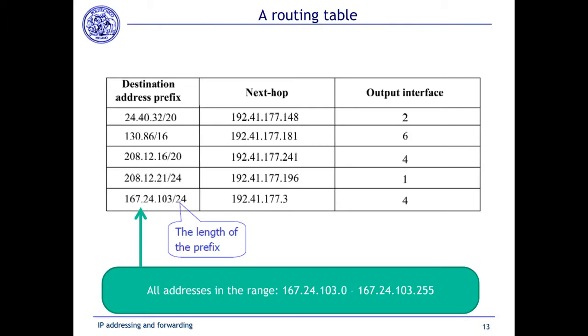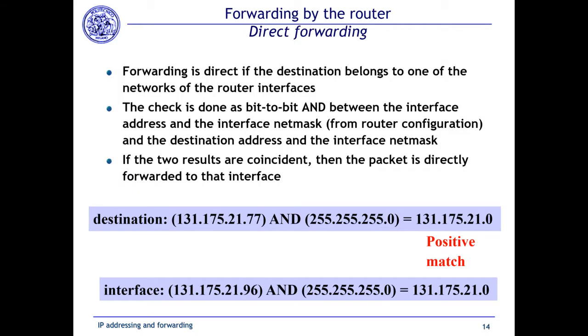Actually, in a router, before searching the routing table, there is another operation that must be carried out in advance with a higher priority. And the first operation is matching the IP address of the received packet with the addresses of all the interfaces of the router.